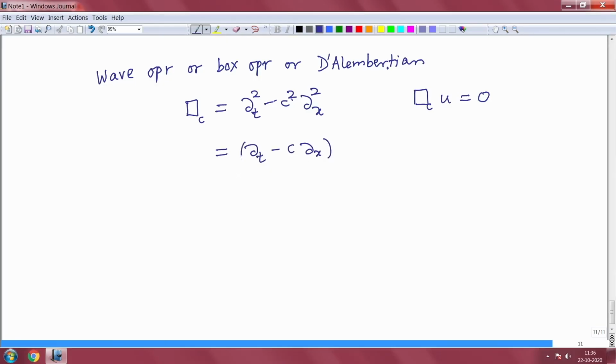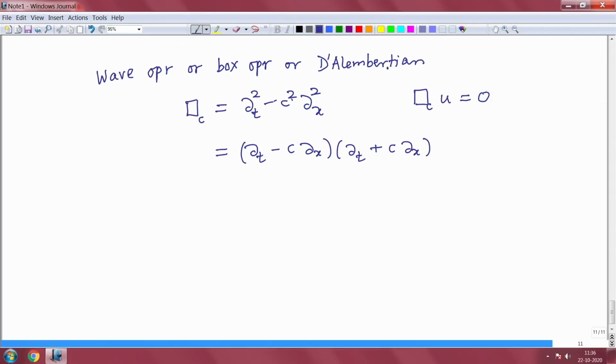If c is not a constant, we cannot write this. You can easily verify this: take any C2 function and operate this on that function, and you see that this is the same as this.